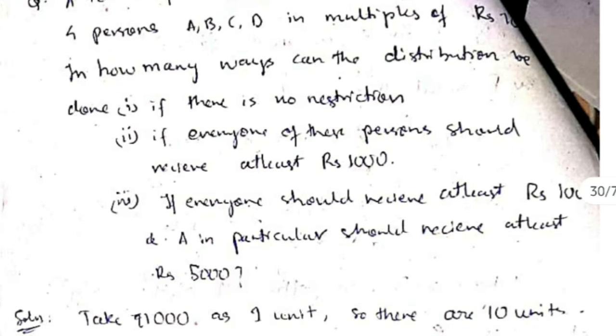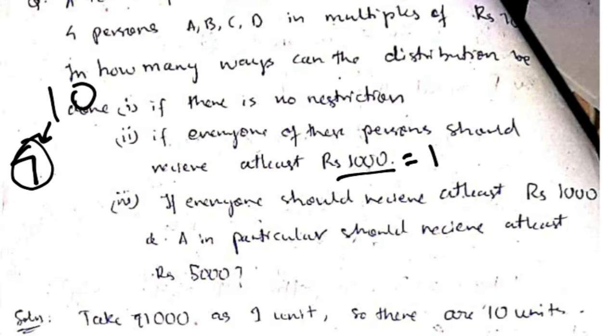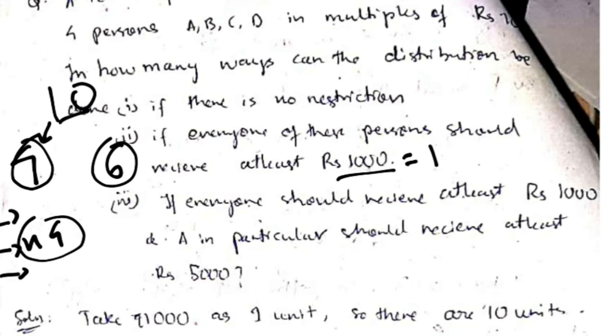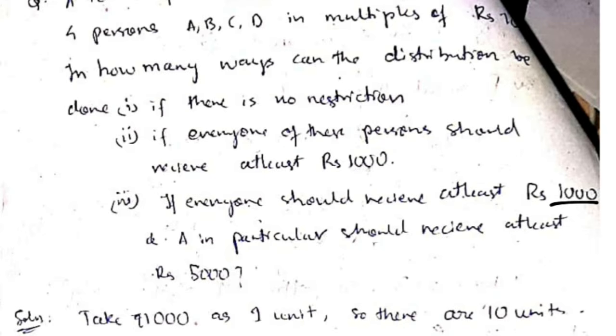If every one of these should receive at least ₹1000, which means 1 unit, then since 4 people are there, from 10 units 4 units will be cut and given to the 4 people, and we will be left with 6 units. So 6 units have to be distributed among 4 people, so n is equal to 4 and R is equal to 6. Now, everyone has to receive at least 1000 and A in particular should receive at least 5000.